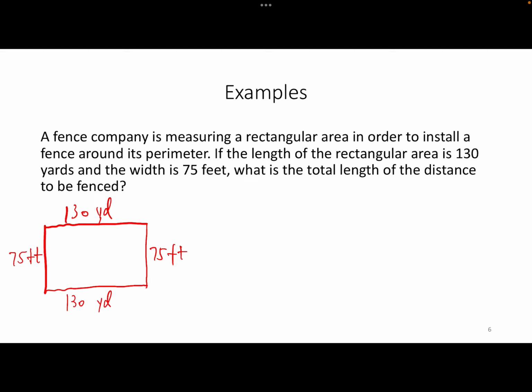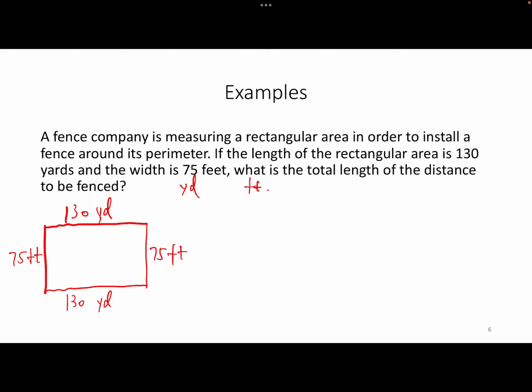The question asks what is the total length of the distance to be fenced. It doesn't specify what unit you need to convert to, so that's really up to you. You can convert everything to yards, or convert everything to feet. But you cannot add feet and yards together because they are different units.